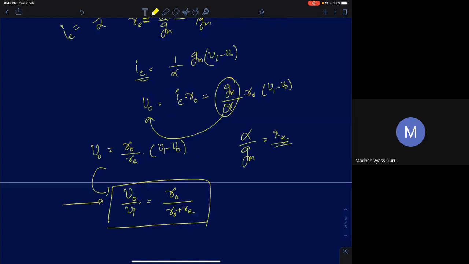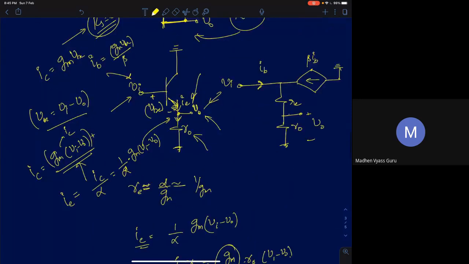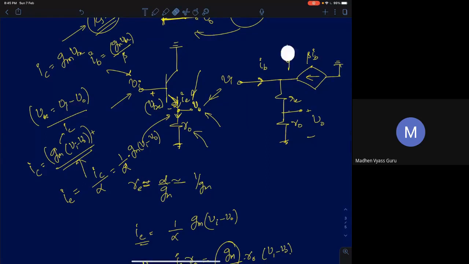You can very easily derive this result if you go for the T model. That's what I've shown here. In the T model, just replace your BJT by its T model. This is the base, this is collector, and from the emitter terminal you have Re here. Look at this model.